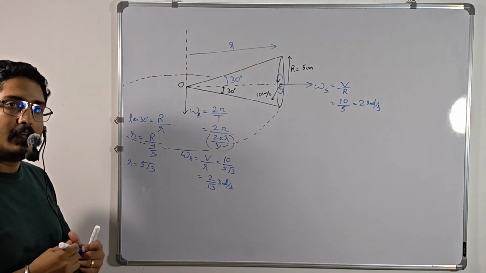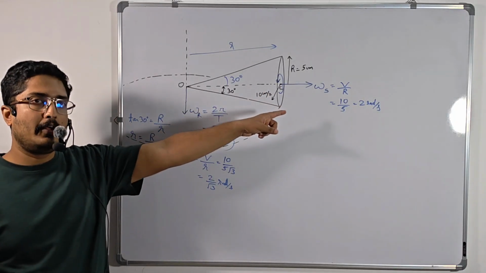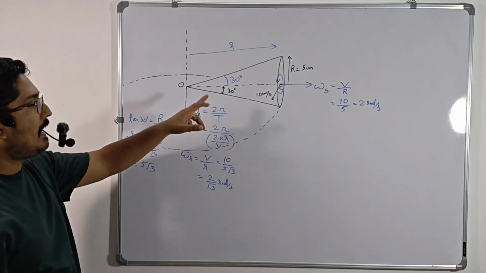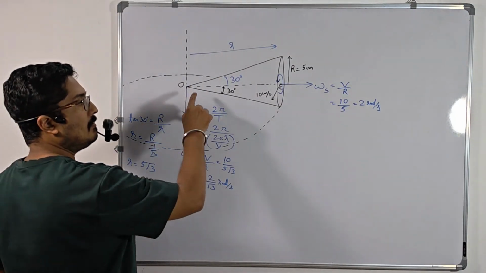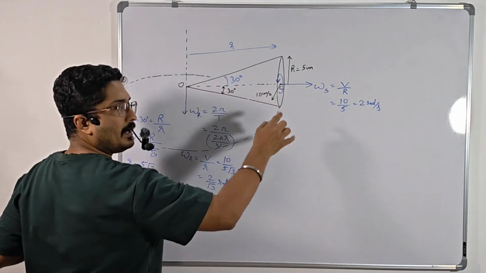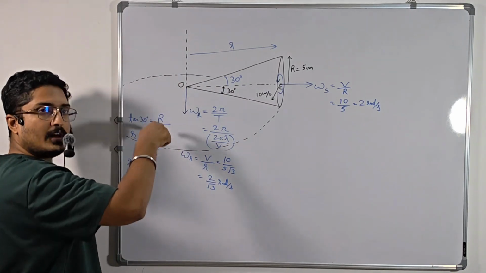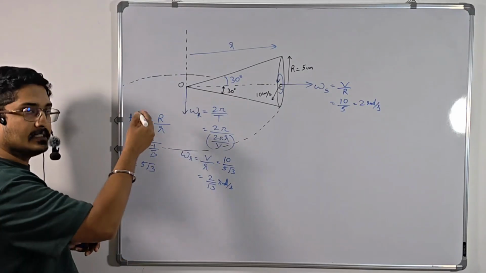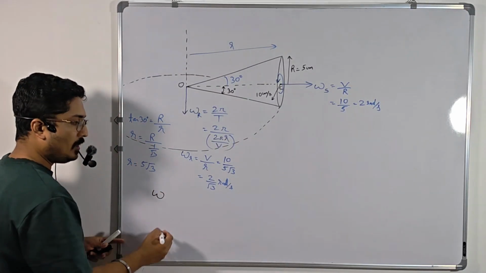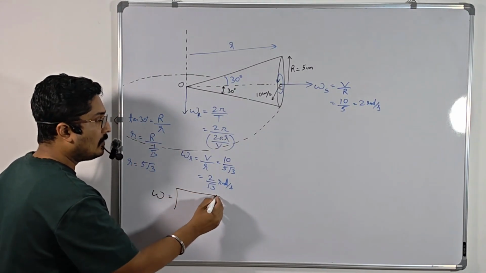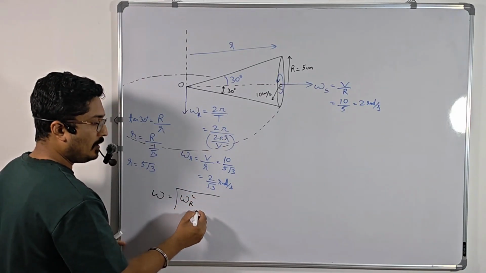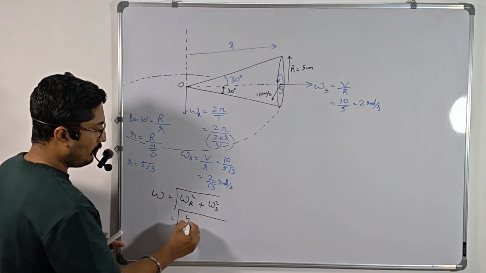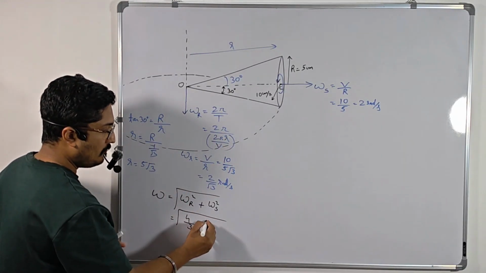So very important concept. I have the spin angular velocity and I have the revolution angular velocity. Now look at the angle both of them are making. Spin velocity is in the horizontal direction, and the revolution angular velocity is in the vertical direction. So if you're interested in finding the resultant of both of them, then I can say the total omega comes out to be under root of omega R square plus omega S square, which will be under root of 4 by 3 plus 4.